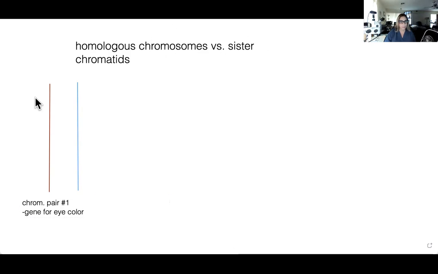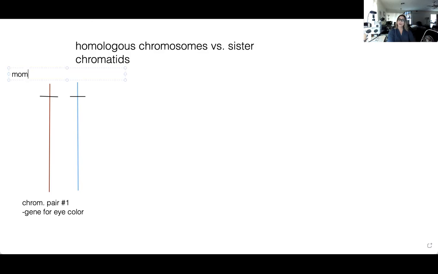Now, that line indicates the location of the eye color gene. Okay, now the red chromosome that you see here, let's say that this is the chromosome you inherited from your mother. Now I'm going to write mom in here. It just means that's the chromosome you inherited from your mother.